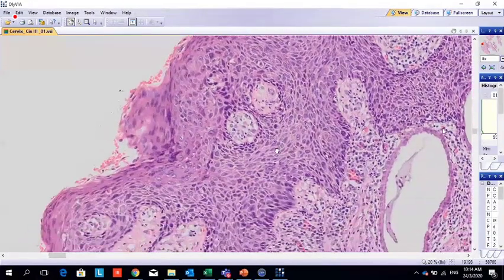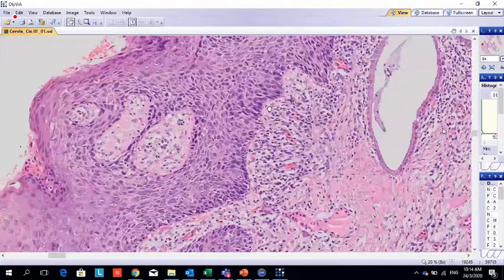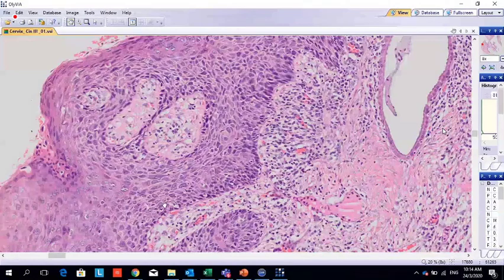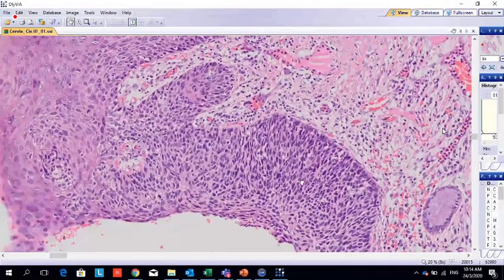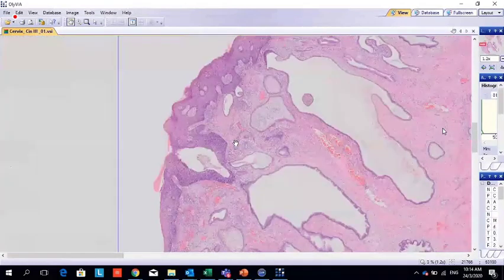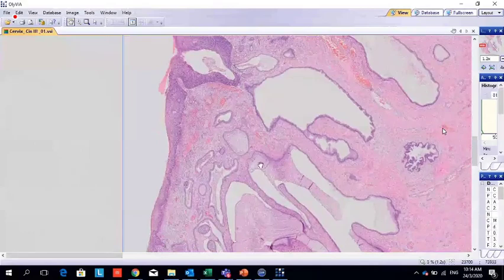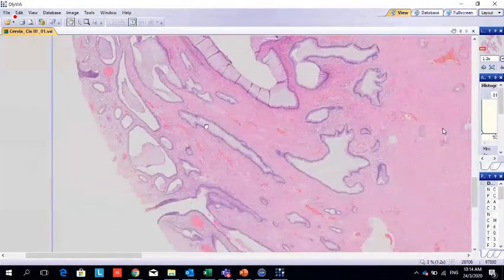Look at the basement membrane. It is intact, right? No invasion. Do you see any invasion? No. I can show you why.